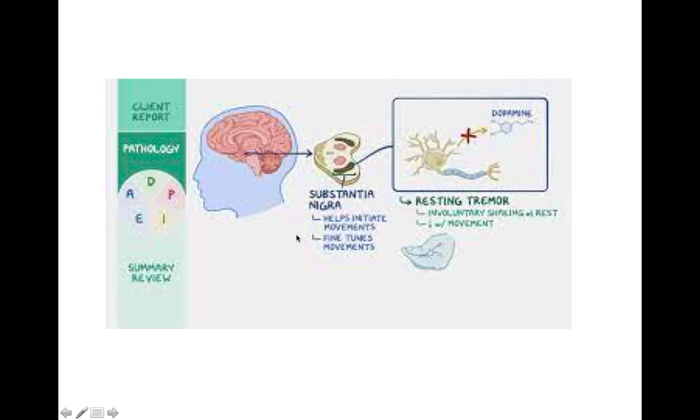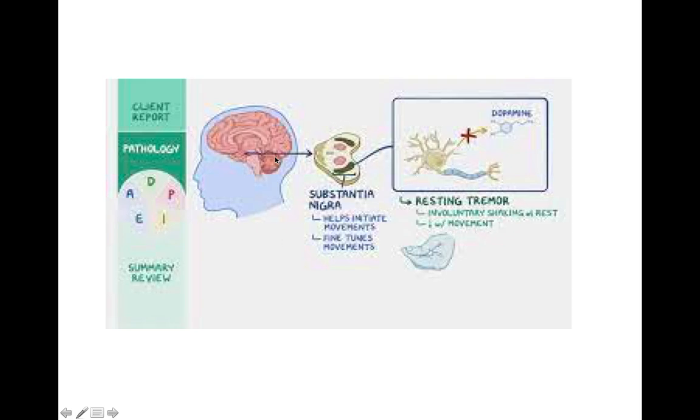It helps to tune the movements, and deficiency of the substantia nigra dopaminergic nerve cells results in resting tremor.